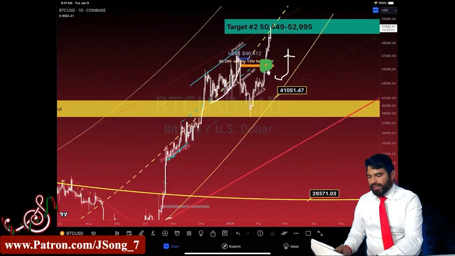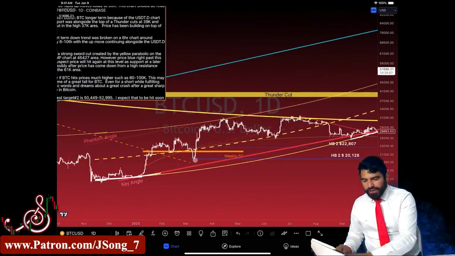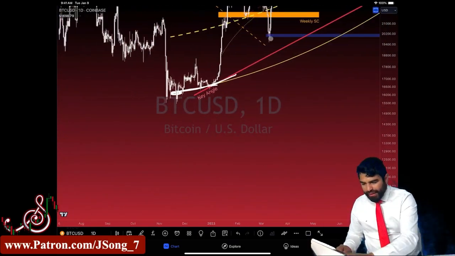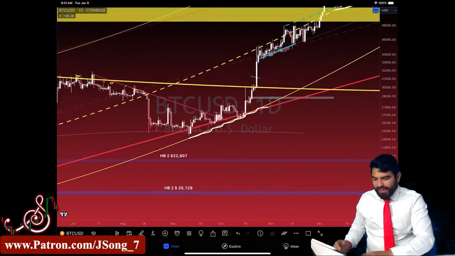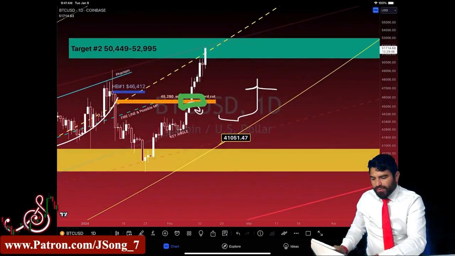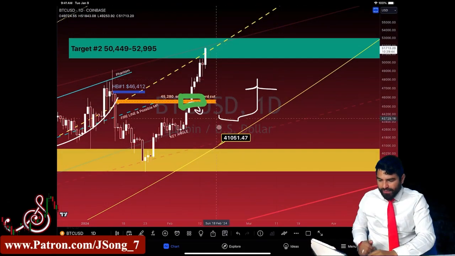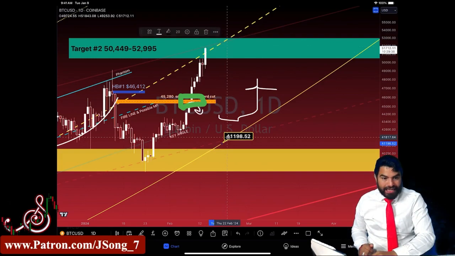I would say in the shorter term, the curvature of these foundational areas brings this crypto to about right here. If it happens today, we're looking for us to fall to around 40 to 41,000.